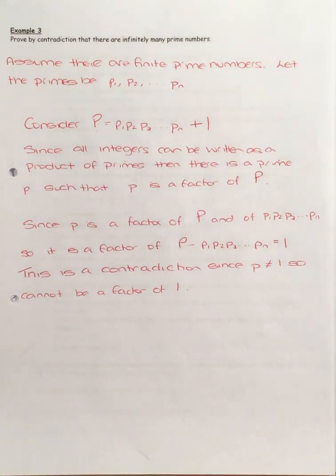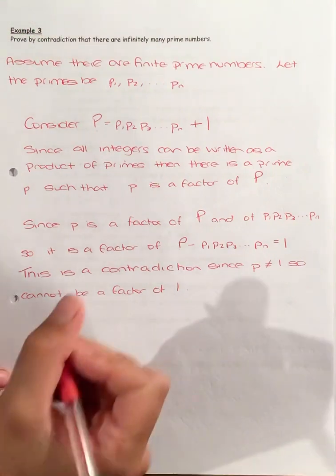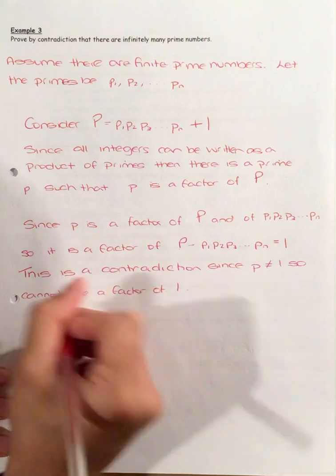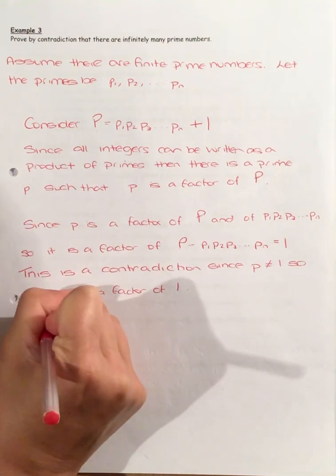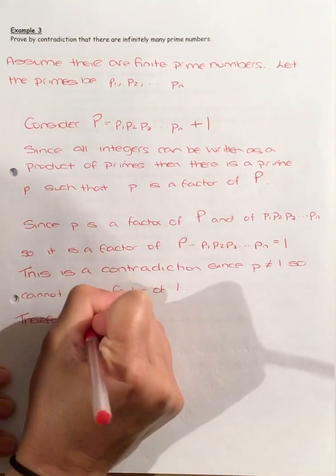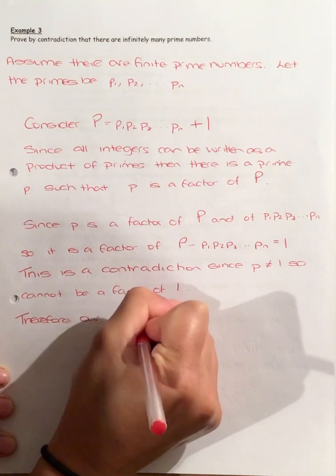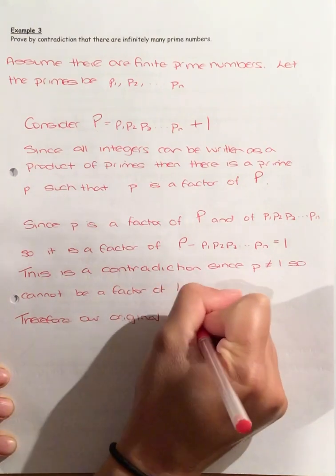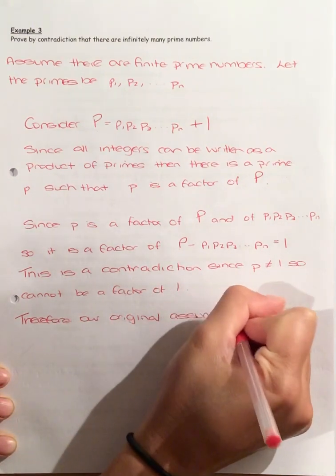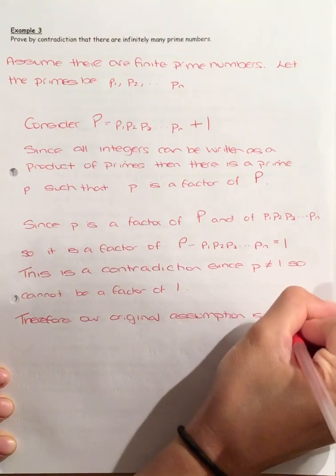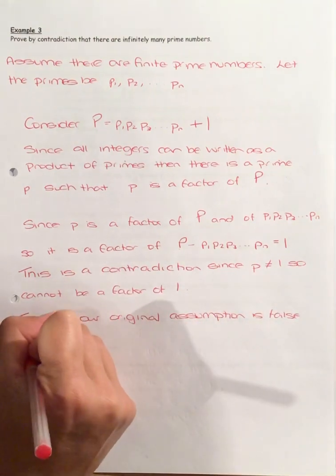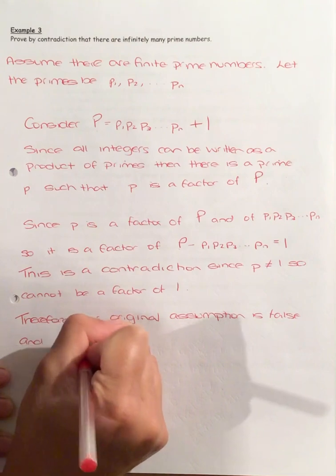So that's led us to believe that this assumption must be false. Therefore, there must be infinite primes. So our original assumption is false. And there are infinite primes.